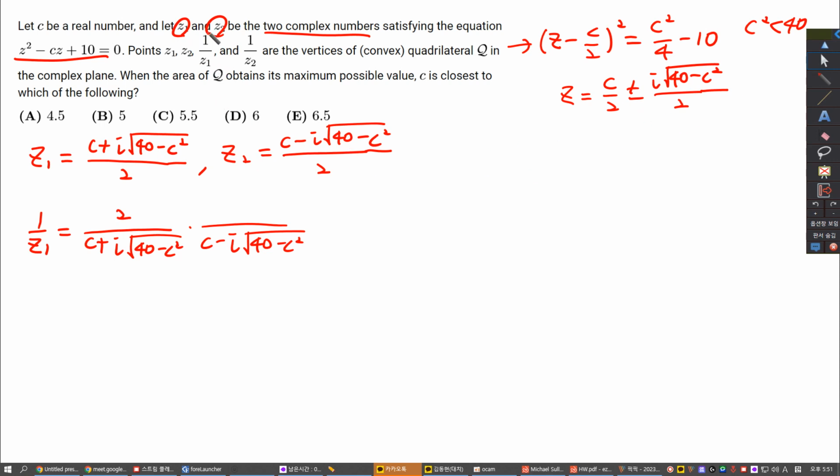And then we can find 1 over Z1 and 1 over Z2. I'm going to multiply by the conjugate to remove the i in the denominator.